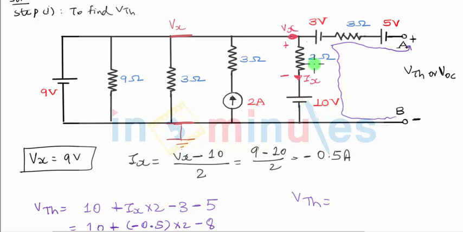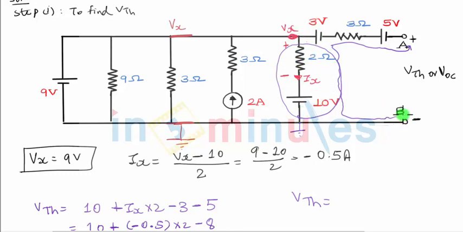Instead of going through 10 volts and the 2 ohm resistance, when I start from point B and travel up to point A, the total voltage across both these components is nothing but Vx, because Vx is the voltage at this node with respect to ground. This is the ground point. So I may not consider 10 volts and 2Ix separately. I can directly start from point B and jump to node Vx and use the value of Vx directly. It will take care of the total voltage across both the components.